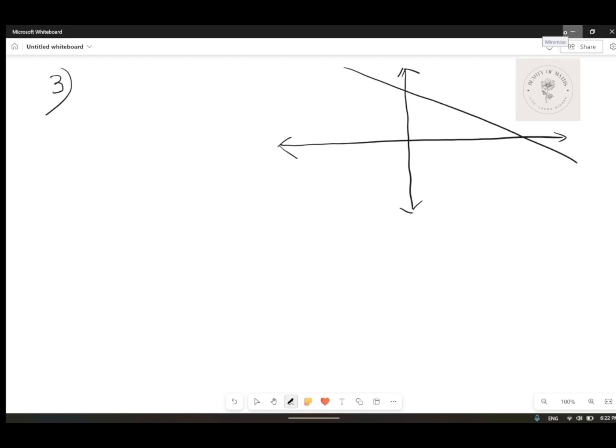So what is this point here, and what is this point here? Basically, this is the point where the straight line touches the y coordinate, and this is where the line touches the x coordinate.